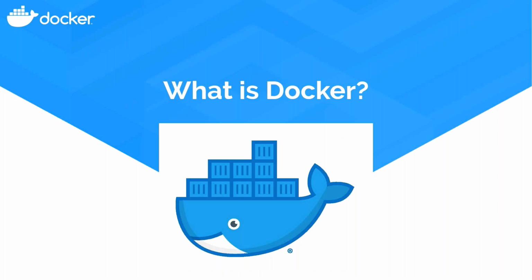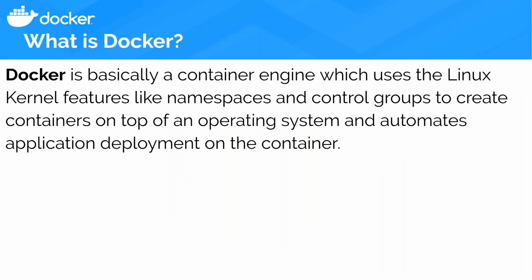So what is Docker? Maybe you have seen that icon, the whale with the containers on it. Docker is basically a container engine which uses Linux kernel features like namespaces and control groups to create containers on top of an operating system and automate application deployment in the container.